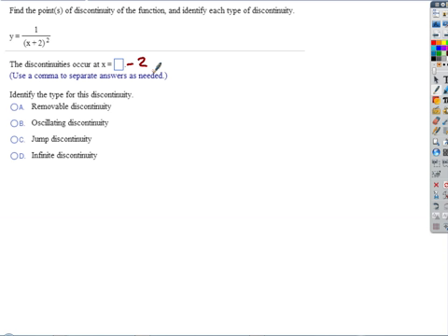Okay, vertical asymptote. Now, how is that different from something like this? What if I had y equals x squared minus 1 over x squared minus 2x plus 1?